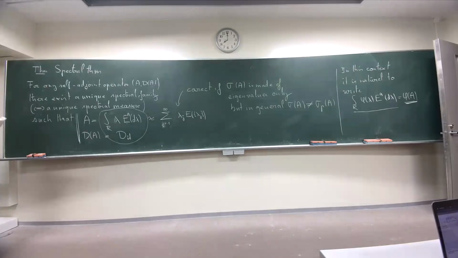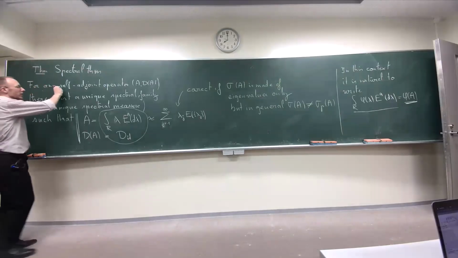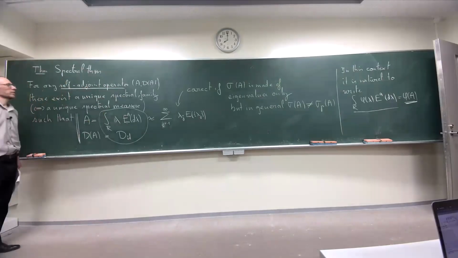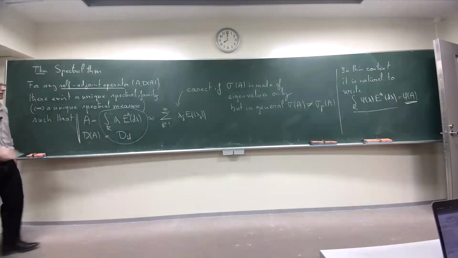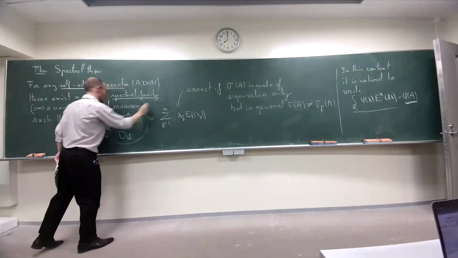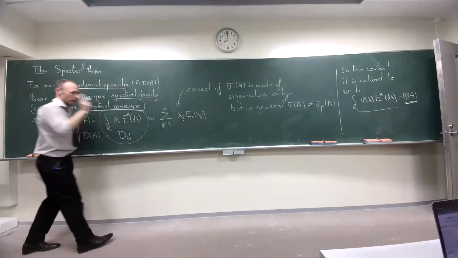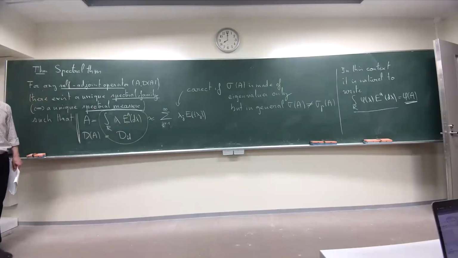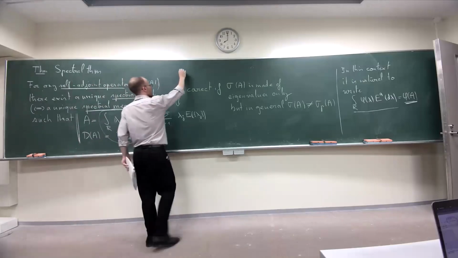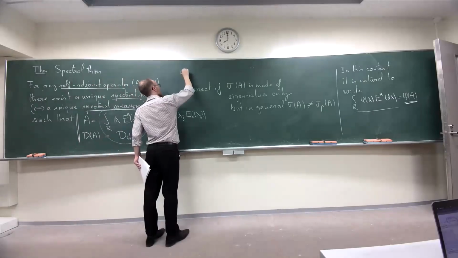In the notes, I have added one more information. So look, we have a one-to-one correspondence between self-adjoint operator, spectral family, and spectral measure. So you can go from one to the other one. It's bijective. There is a fourth object, it is unitary group.